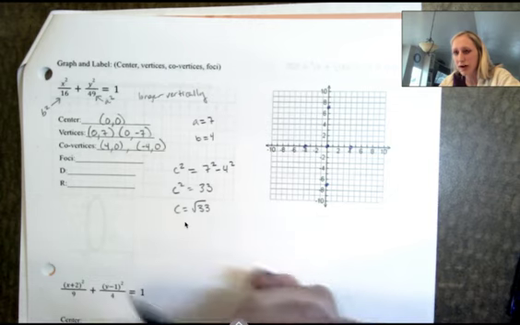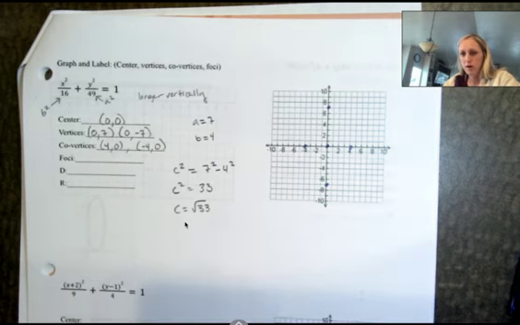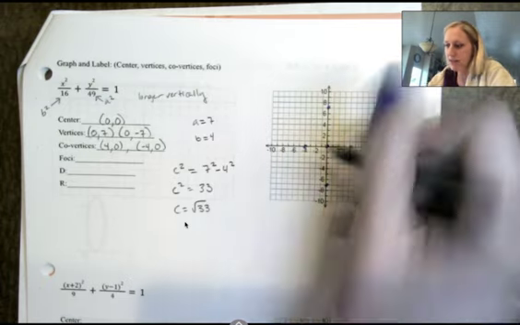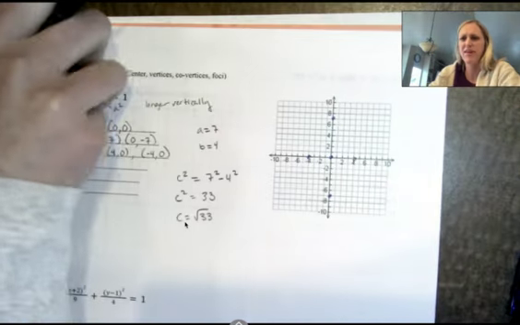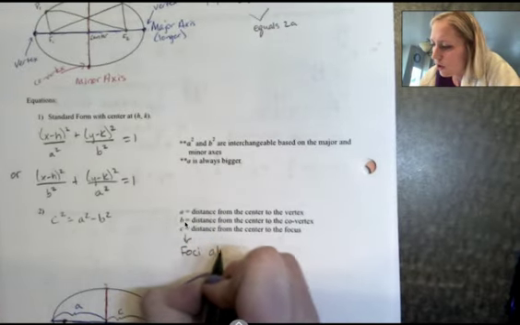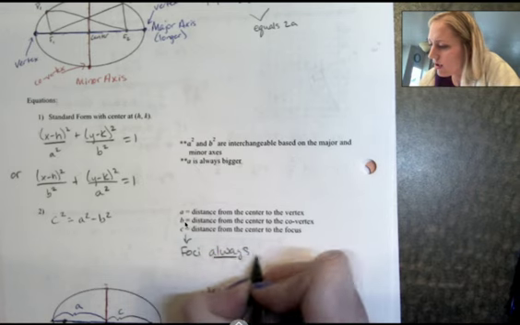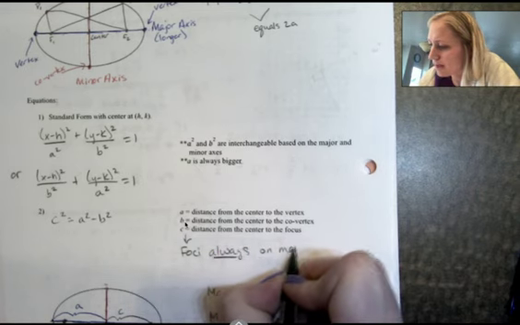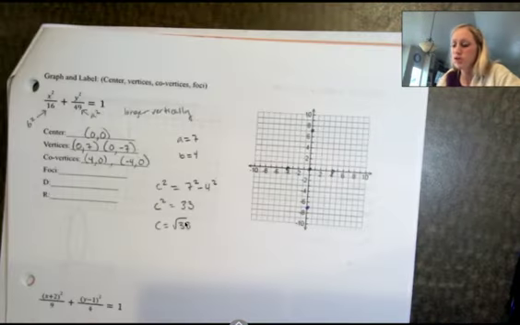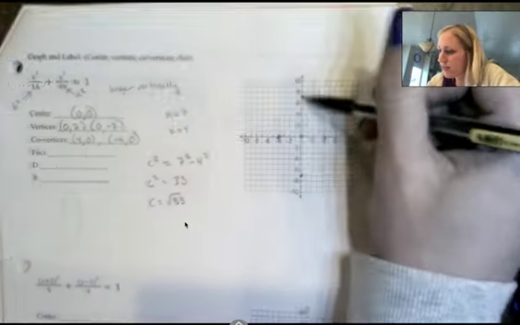And here's how we write the foci. So the focus is always on the major axes. Okay, I'm actually going to add that on the other notes here. Foci always on major axis. Okay, so that means this is my major axis.